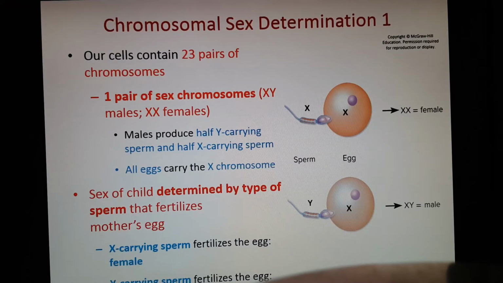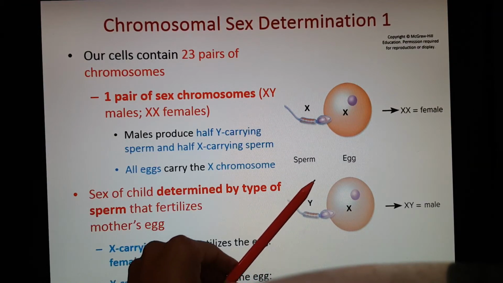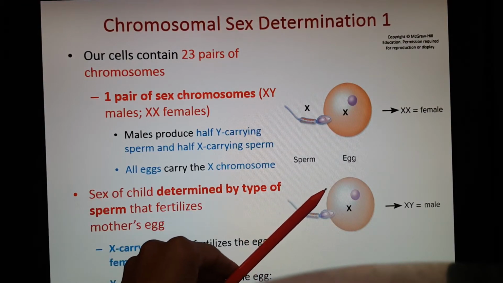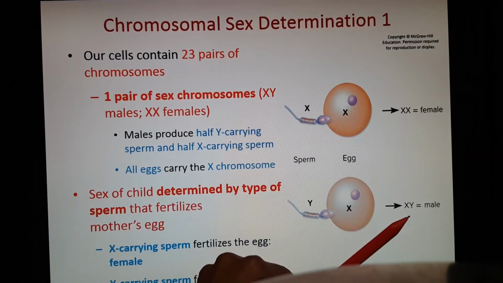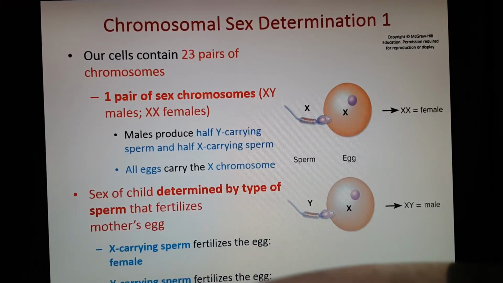There can be some variations with issues with development, but in general, double X ends up equaling a female. An XY pairing, with the Y sperm, determines that it's going to eventually become a male.